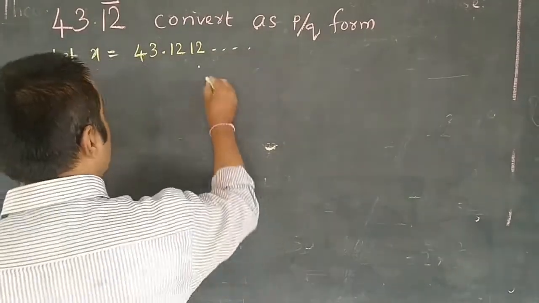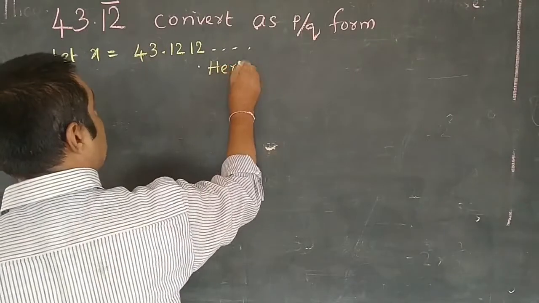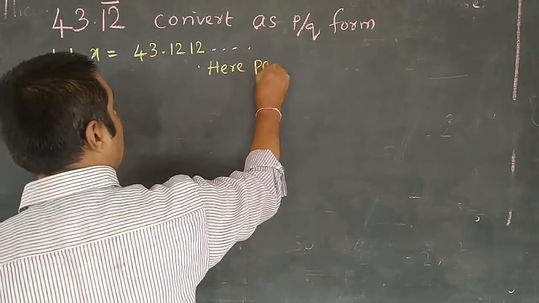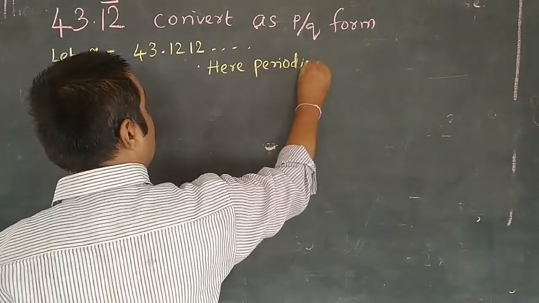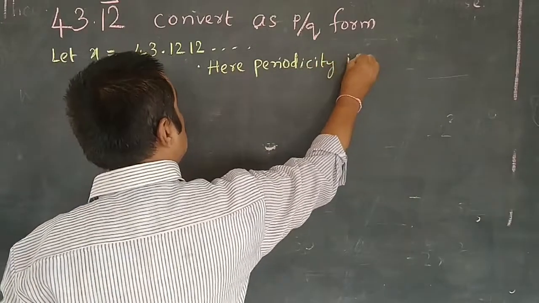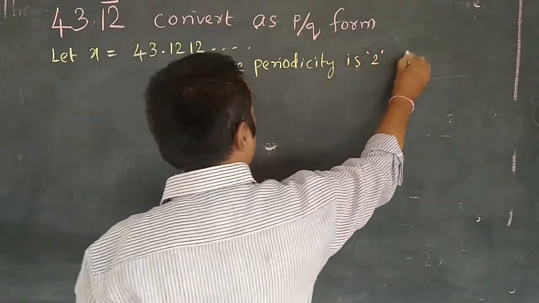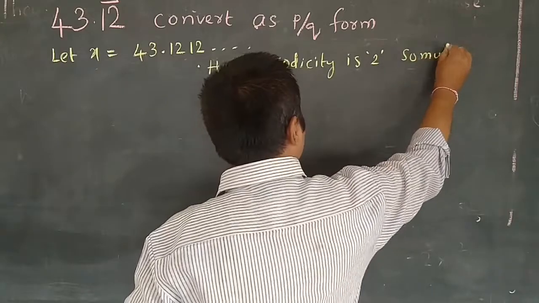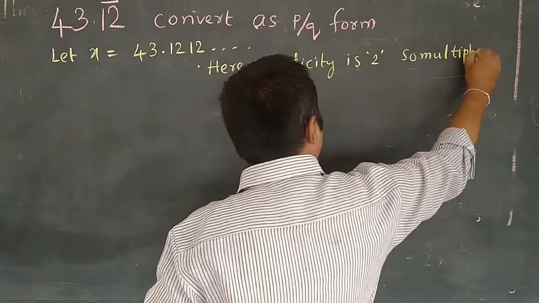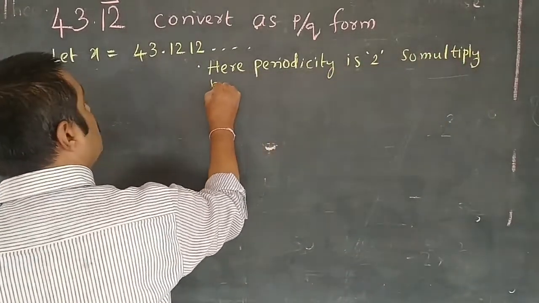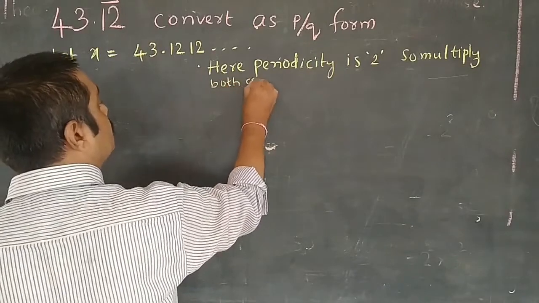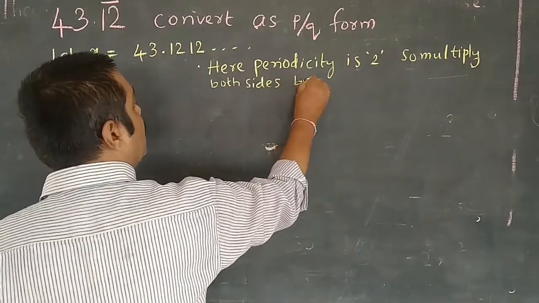That is what you call periodicity. Here periodicity is 2. So multiply both sides by 100.